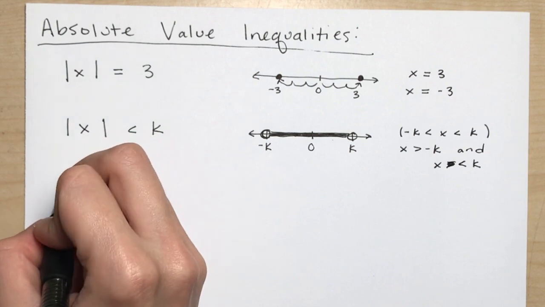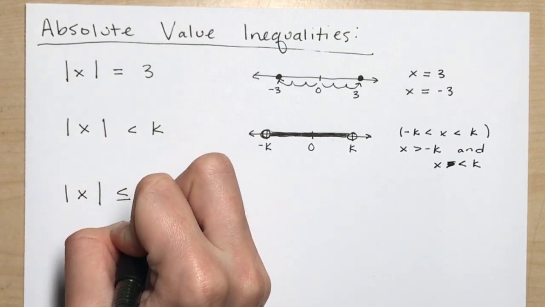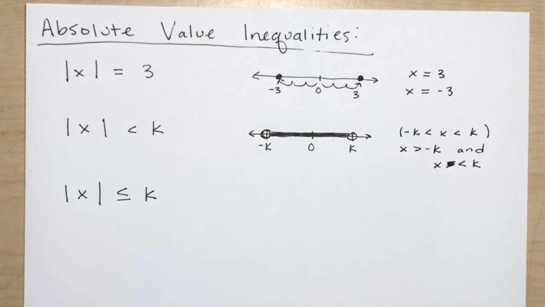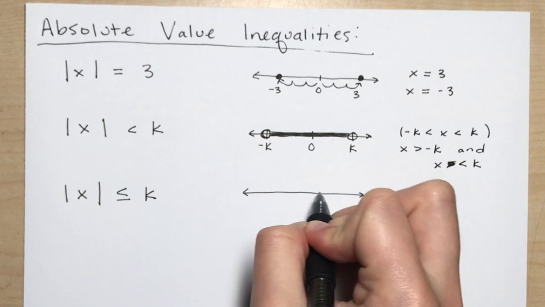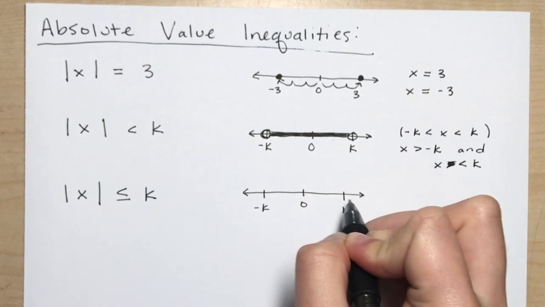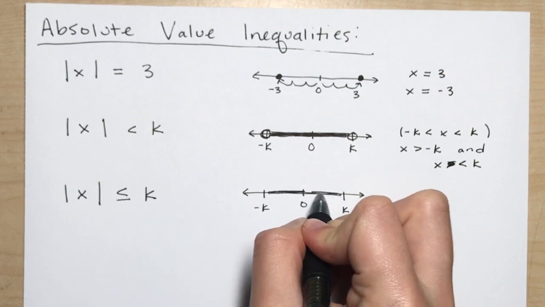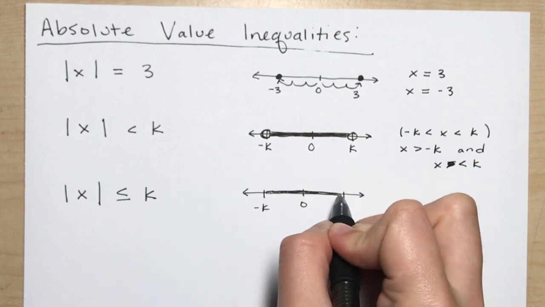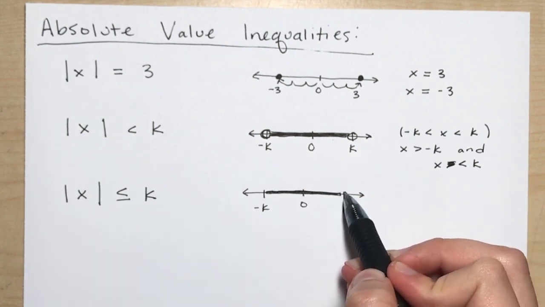All right, how would that change if it was less than or equal to? Not by much. What would we have to change? We still want to shade everything here. But what about when we get to k? Now, the distance of k is allowed.